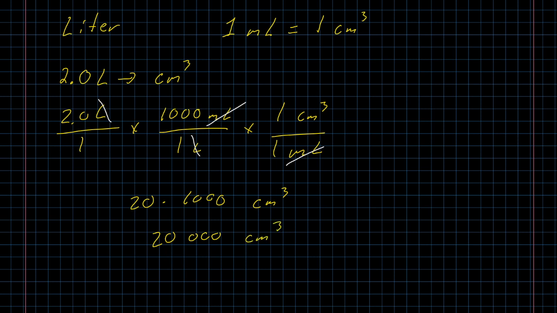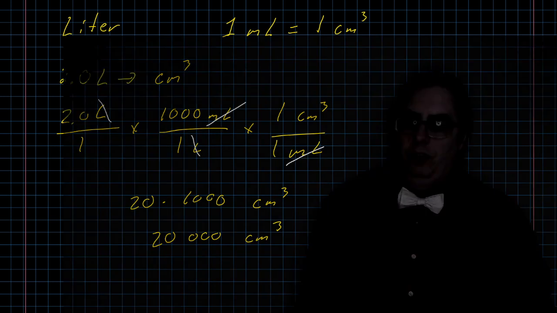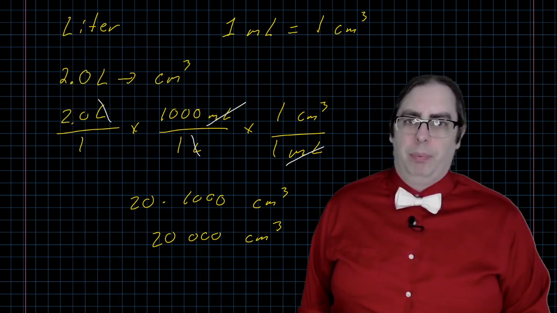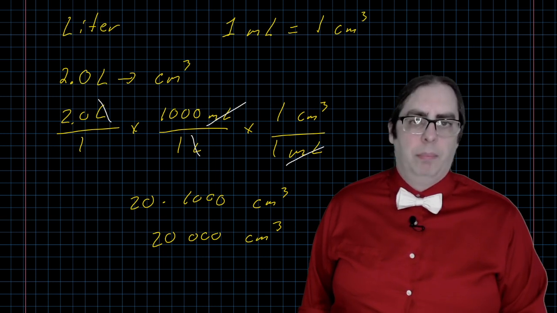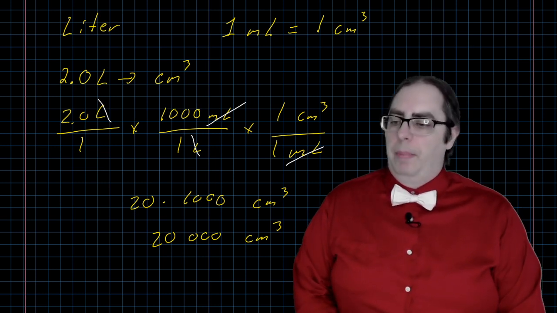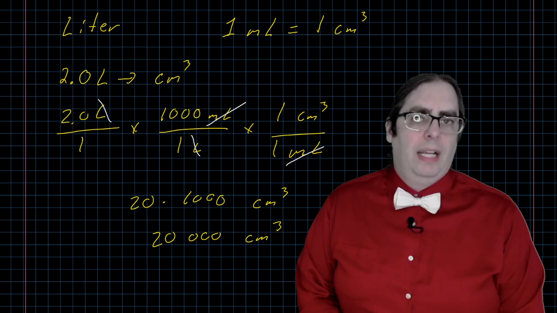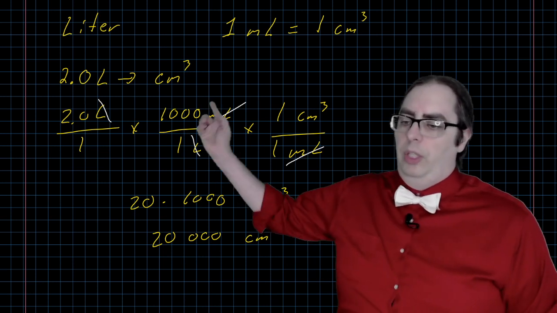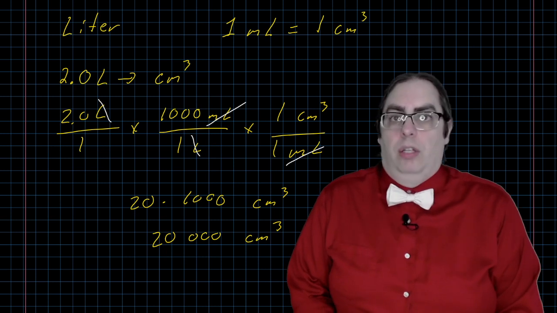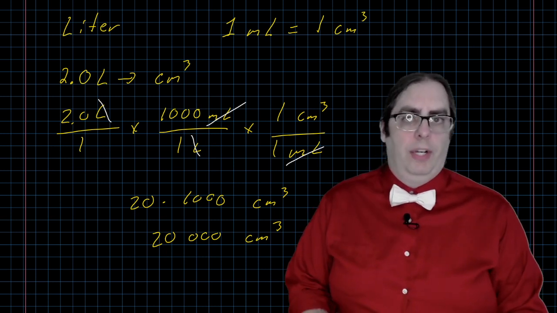So 20,000 cubic centimeters. If I wanted cubic meters instead, I could convert further. I don't, because cubic meters are actually pretty huge compared to liters, and that gives me a really ugly number. But some of that also gives you why the liter and the milliliter can be so useful, right? 2 liters is a very standard amount of liquid for culinary applications.